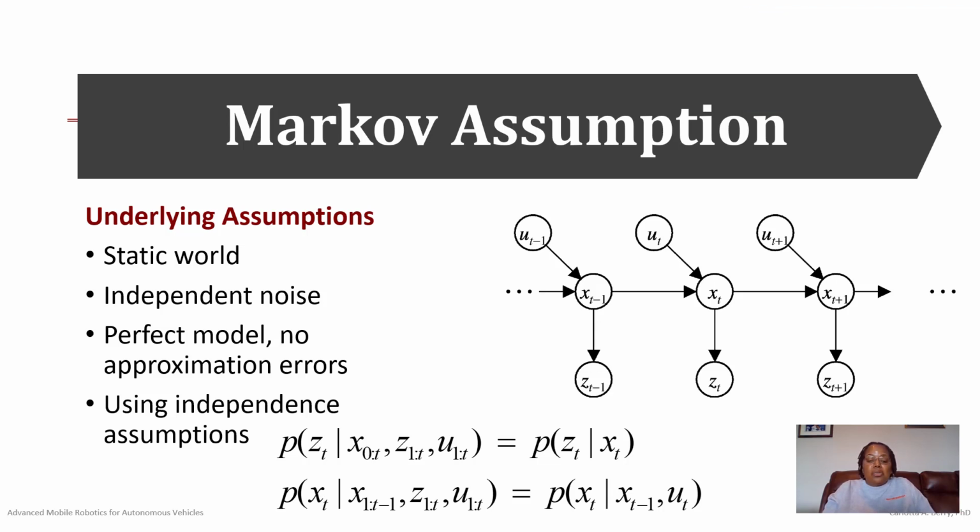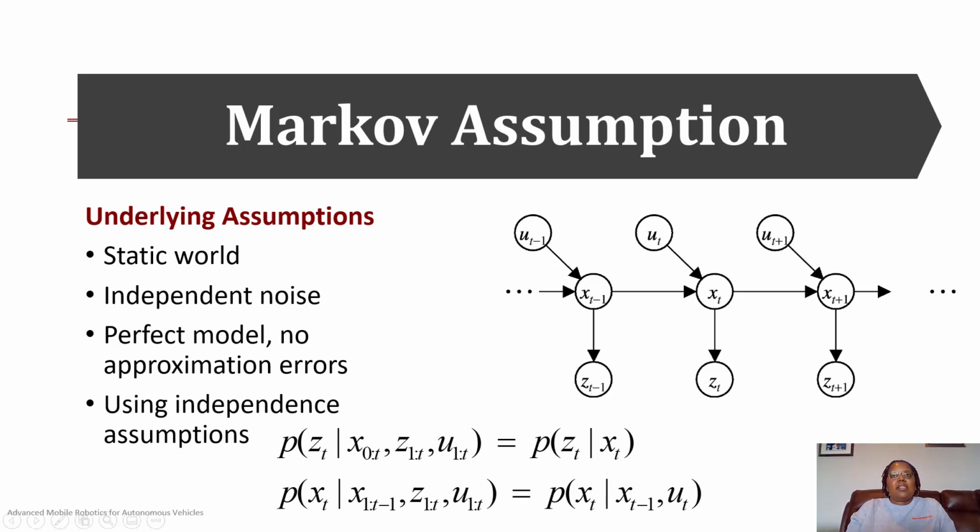So using all of these underlying assumptions, the probability of a certain sensor measurement at time t is dependent upon the states from 0 to t, the sensor measurements from 1 to t, and the robot actions from 1 to t. And we can simplify that down to the probability of a sensor measurement at time t being dependent upon the state at time t.